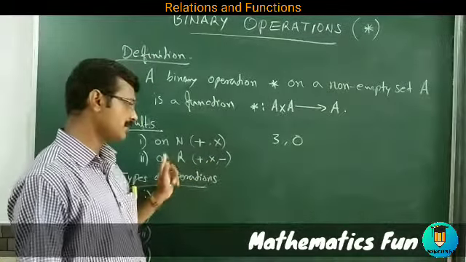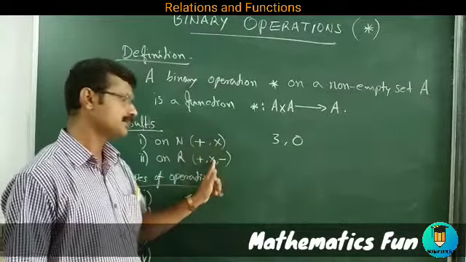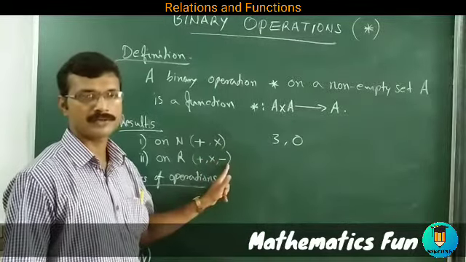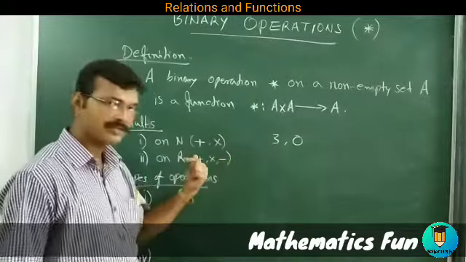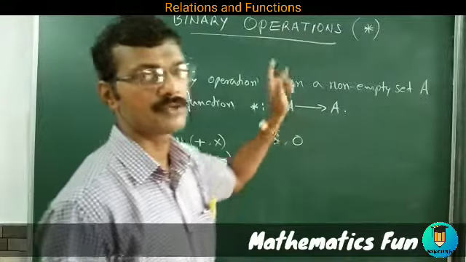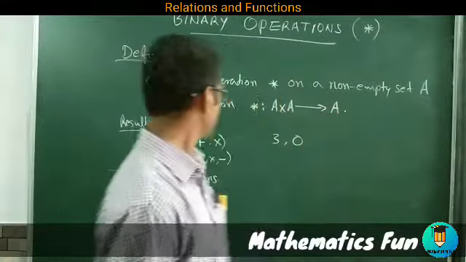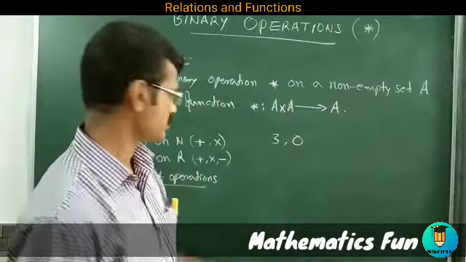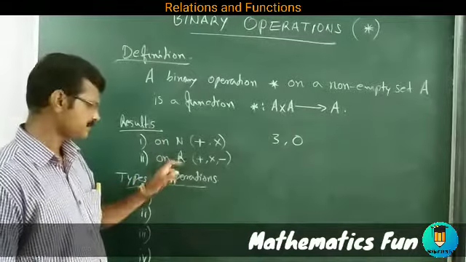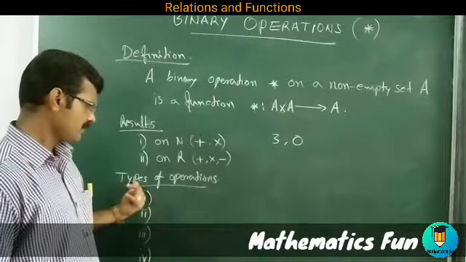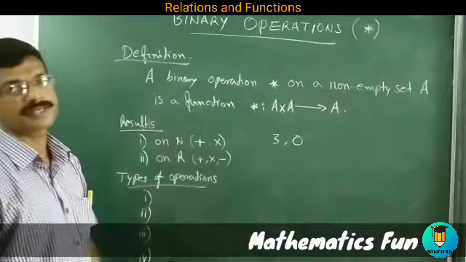That means on real numbers, plus, minus and multiplication are binary operations, but division is not. When you apply an operation, the result must belong to the same set; only then is it a binary operation. So these are two results about natural numbers and real numbers. Now we are discussing types of operations.